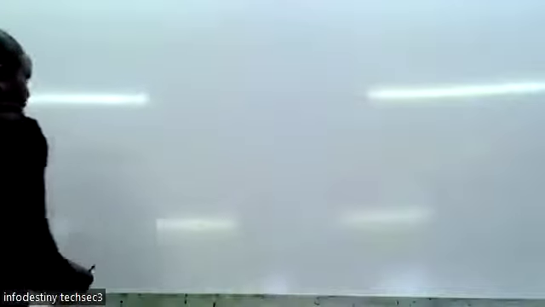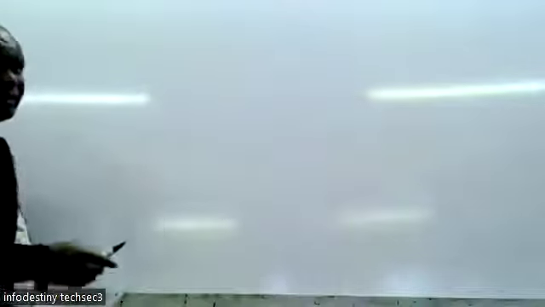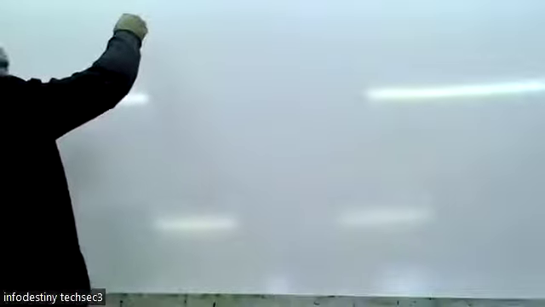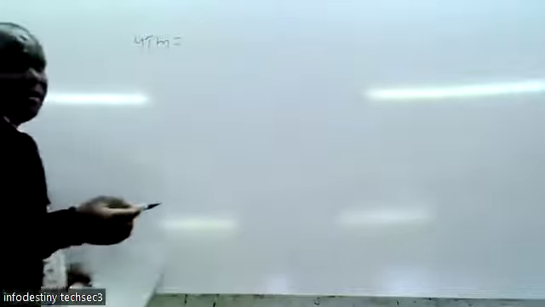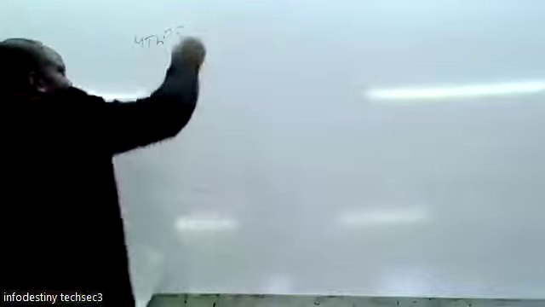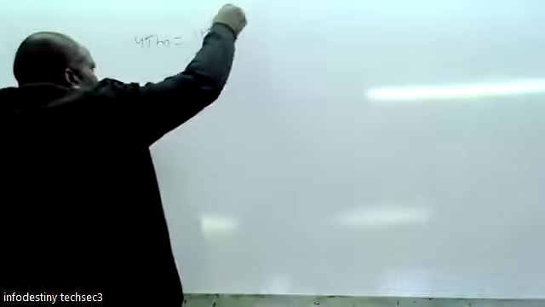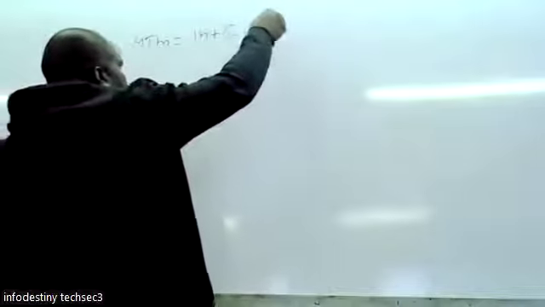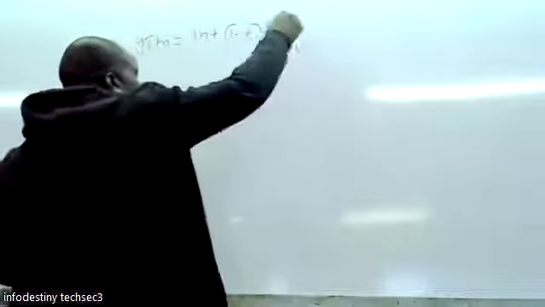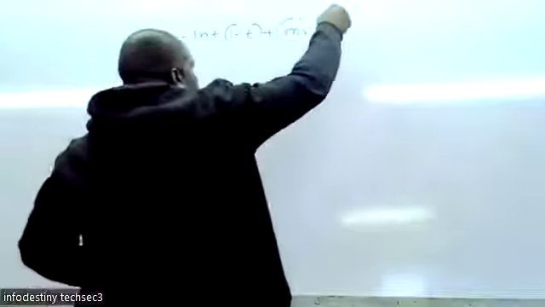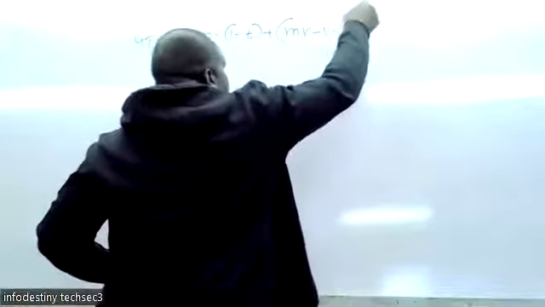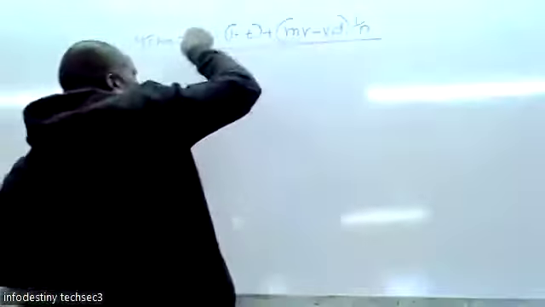So we start with the Roman letter 1, which is yield to maturity. Yield to maturity is given by interest times 1 minus the corporate tax, then we add maturity value minus the current value, times 1 over n.